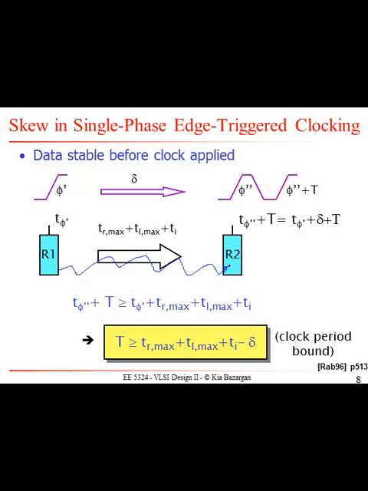And what could happen there is that at this point, the new data is released from R1, and mind that at this point, the data from the previous value was fetched into R2 and presented to the next pipeline stage.